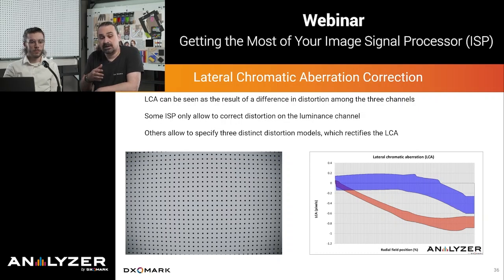Maybe you have 3 channels of distortion, and your pipeline wants a red polynomial of distortion, a green one, and a blue one, or it reasons in terms of distortion in the luma channel, and then it has a separate block for lateral chromatic aberration that only requires the deviation from the luma of the 2 channels. The analyzer measurement gives you the results in the 2 forms, and you are going to use whichever is convenient for your pipeline.